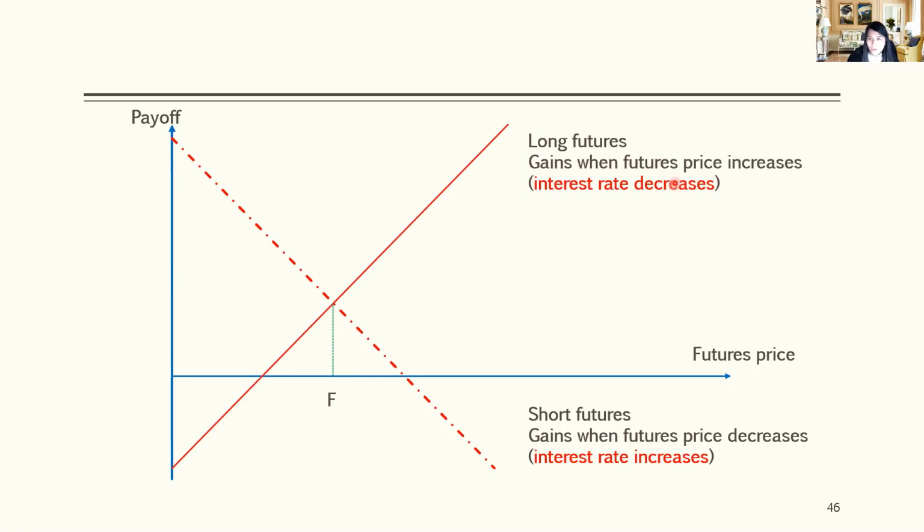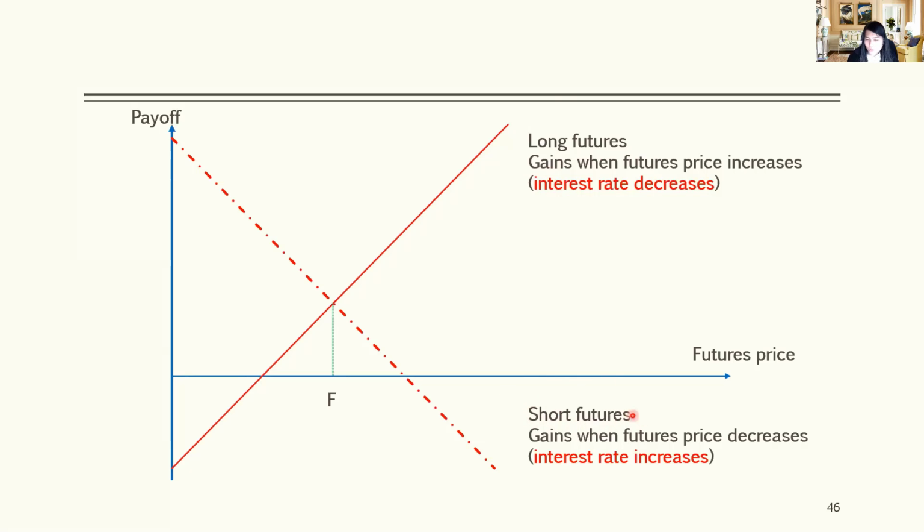When you go from 95, which is 5%, to 96, that is 4%. So when the futures price increases, the interest rate decreases. In other words, for a long futures contract, you will gain when the interest rate decreases.